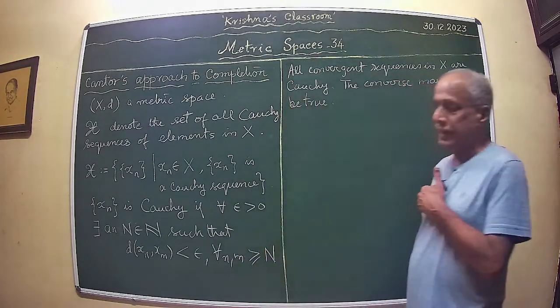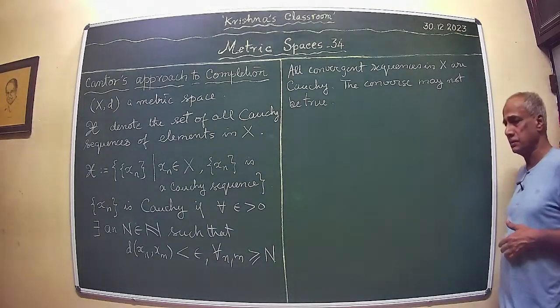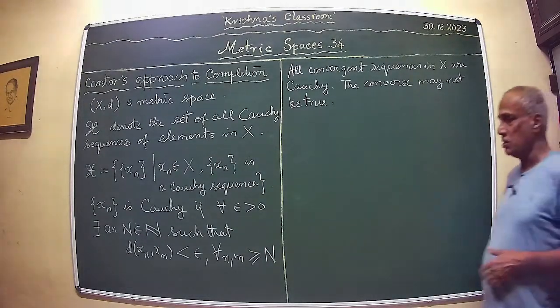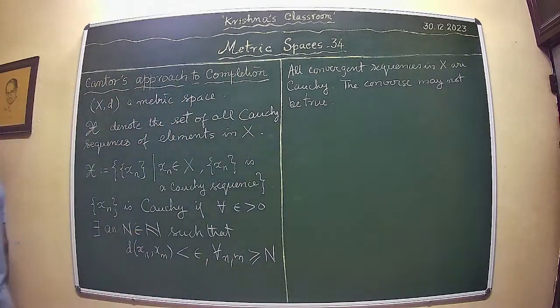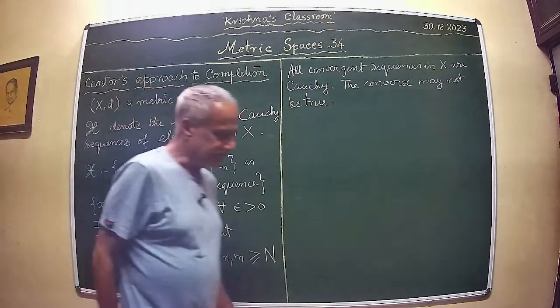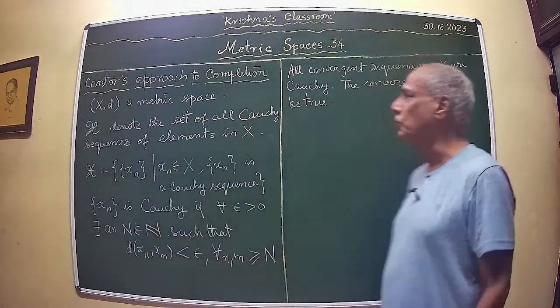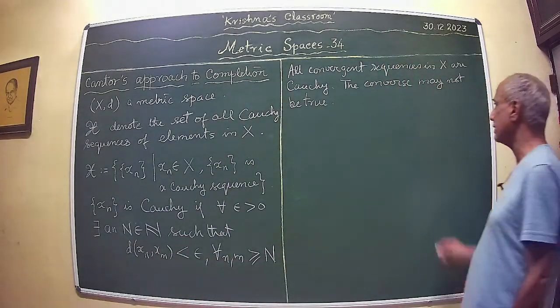There may be Cauchy sequences which are not convergent in X, or X is not big enough to accommodate the limit of all Cauchy sequences in X, like Q and R. So that's the example.